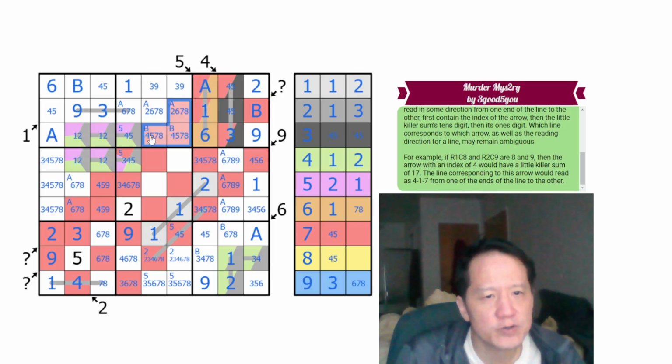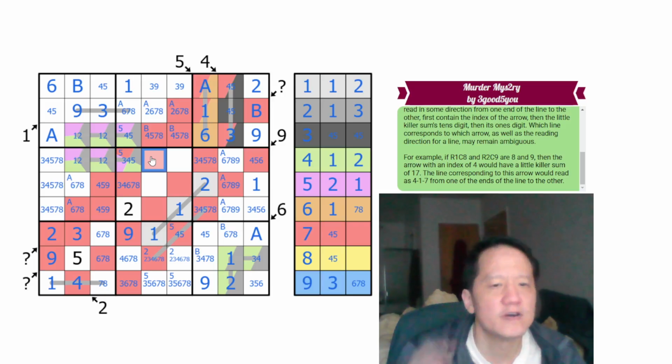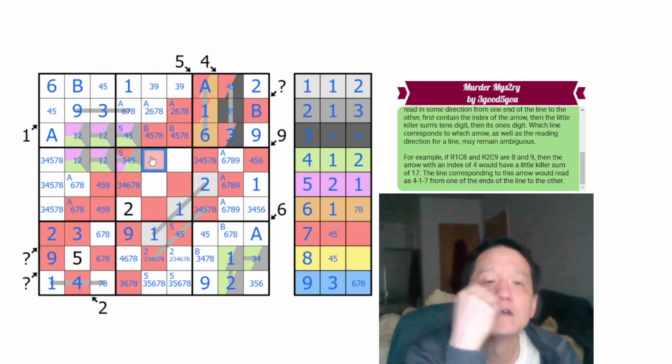This could be at most 7, 8, and 5. So 14 plus 20, 34. This could be at most 5, 8, and 9.